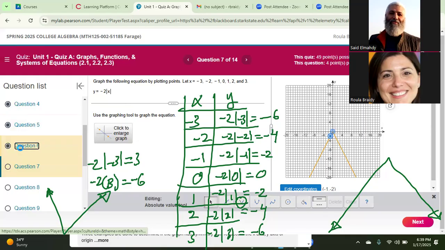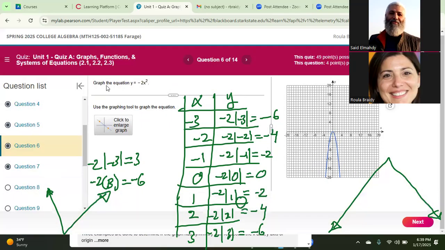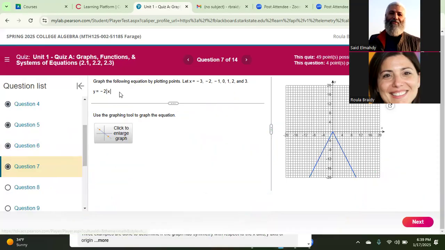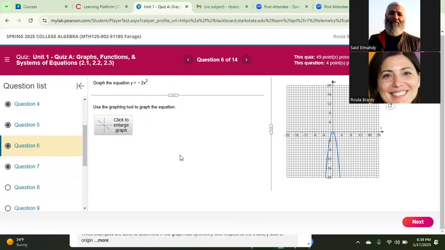I want to see 6. One second. 6 said graph the equation. Would you go back, please? Okay, you can go now to 6. So this one tells us to graph the equation by plotting these points. For this one, we also did 0, 1, 2, 3.